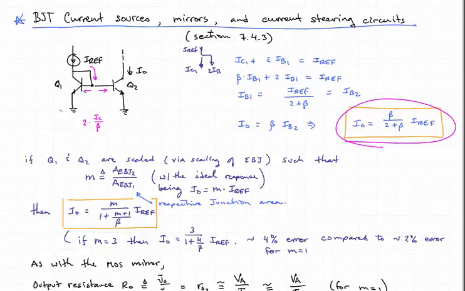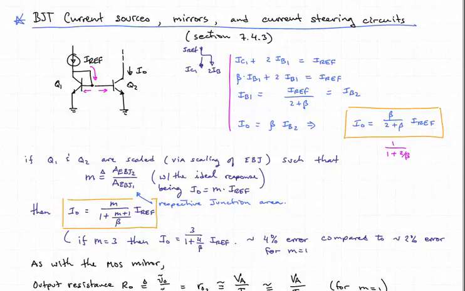The analysis is over here, and you can follow that, pause the video if you want to look at it. But the result is that IO is approximately IREF over 1 plus 2 over beta. So if beta is 100, we're at about 2% error. So roughly 98% of IREF is what we see at IO.